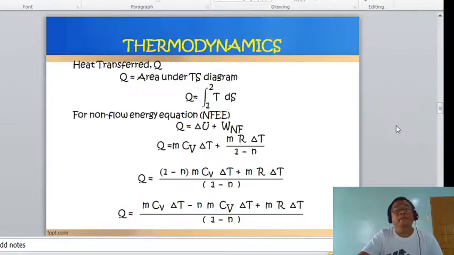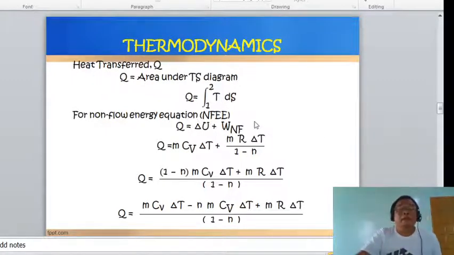For heat transferred in isentropic, that is 0. But by this time, there is no longer zero value for Q. The equation for Q is Q equals the integral of T ds, with limits from 1 to 2.